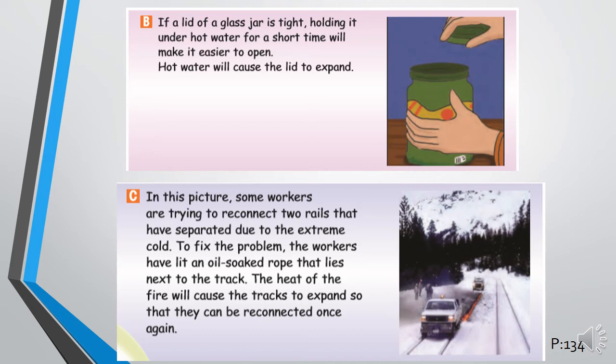The heat of the fire will cause the tracks to expand so they can be reconnected once again. So, just from these two examples, we can conclude that even if I heat a solid, what happens? The solid can expand and it can increase in size.